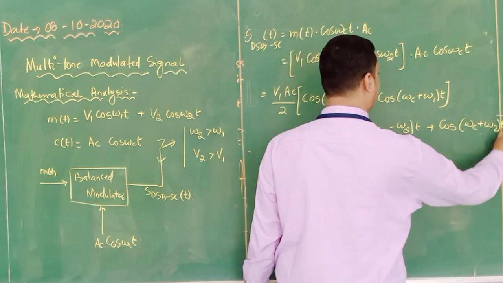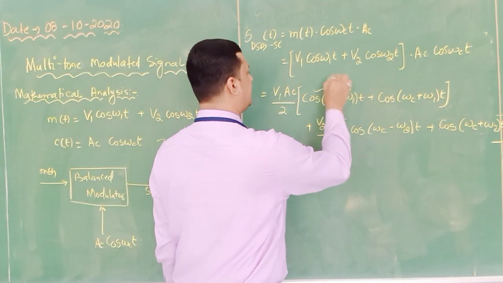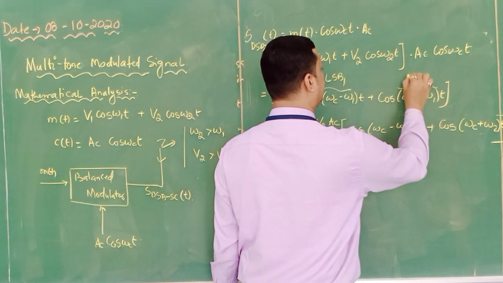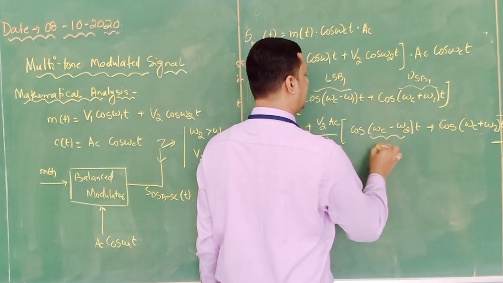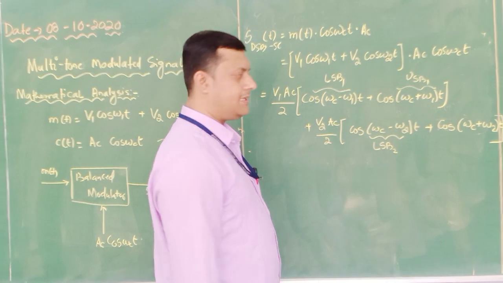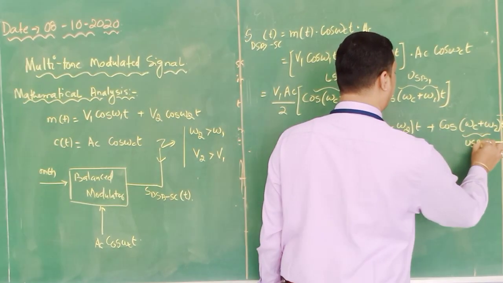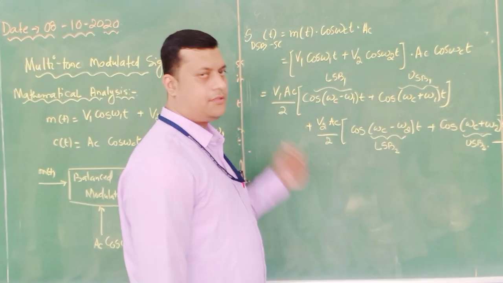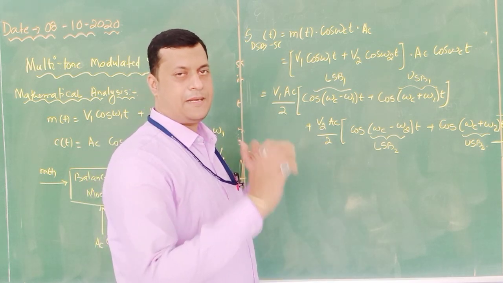So this is the second frequency component. What is this? This is the lower sideband 1. What is this? This is upper sideband 1. Now what is this? It is the lower sideband for the second modulating frequency, and this is the second upper sideband. Done? And these two amplitudes are available which need to be distributed among the spectrums.